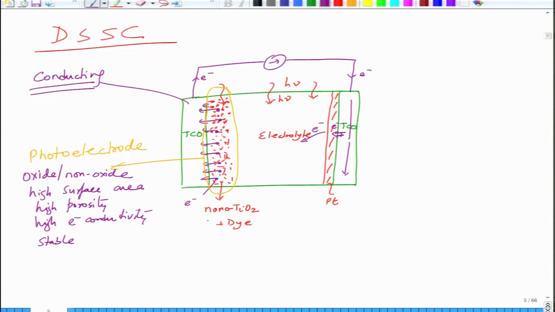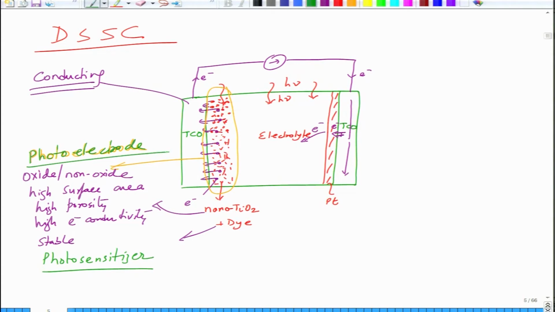Then we have the dye photosensitizer. So, this is for this TiO2. This photosensitizer is the dye, and this is the photoelectrode. The photosensitizer should have good absorption, wide band absorption, and high alpha.